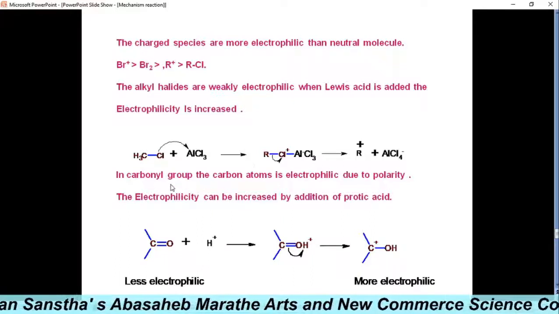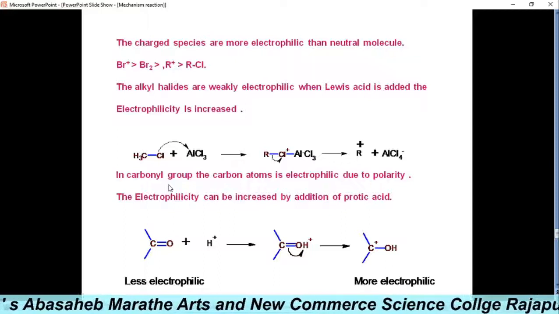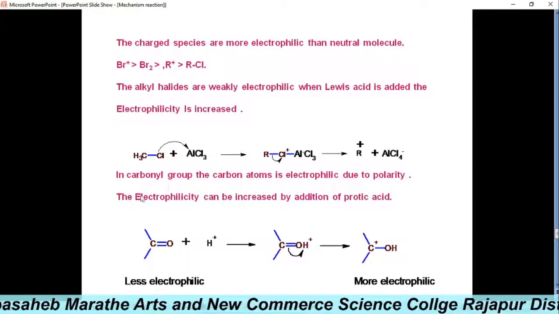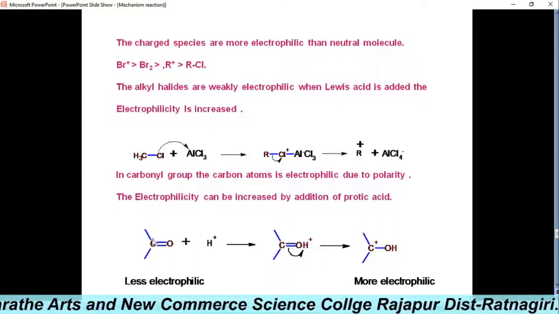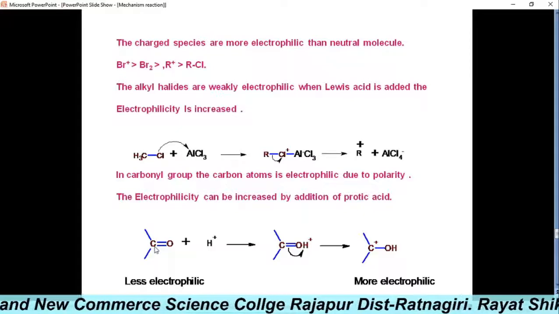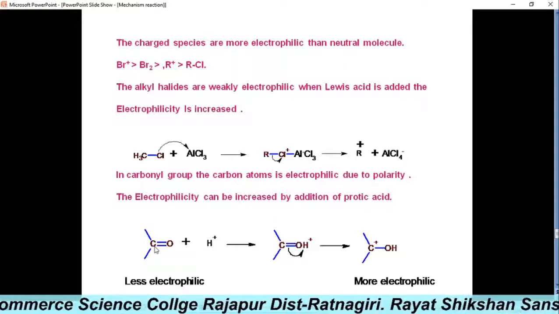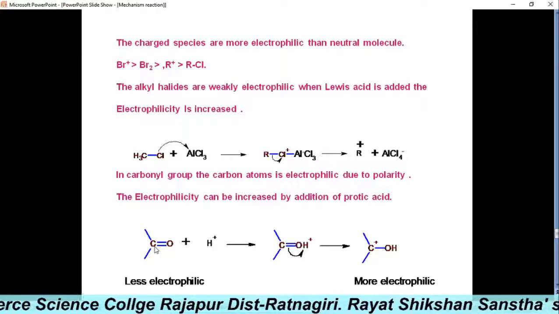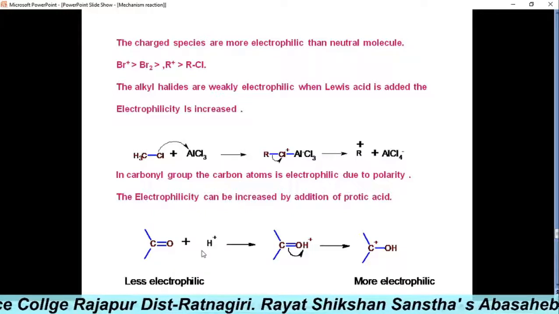In another example, the carbonyl carbon is electrophilic. See here, this carbon is electrophilic because the bond is polar. Electrophilicity can be increased by the addition of a protic acid.